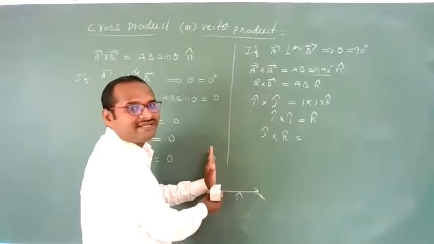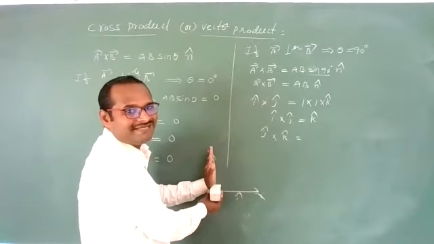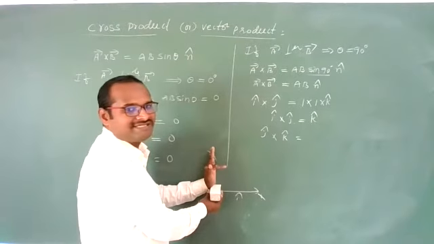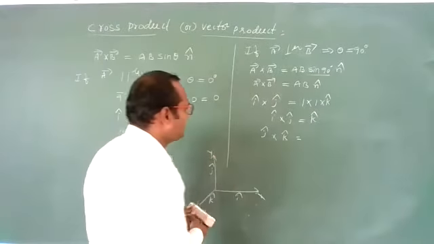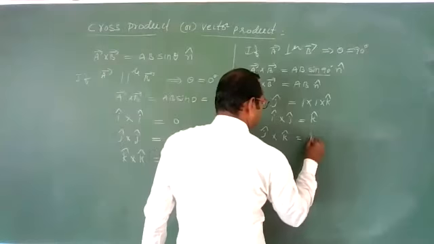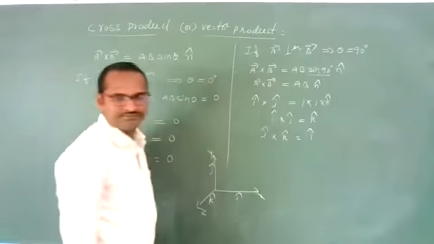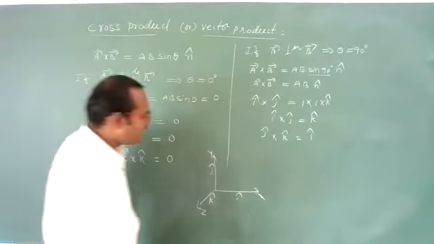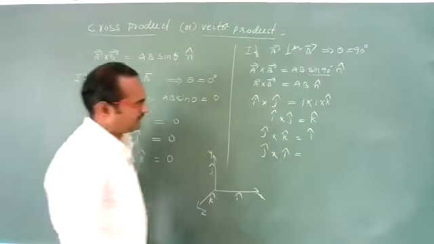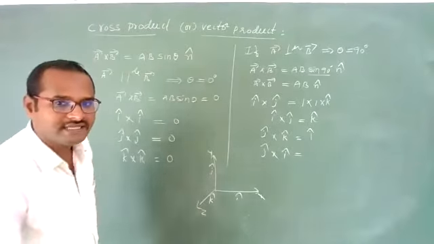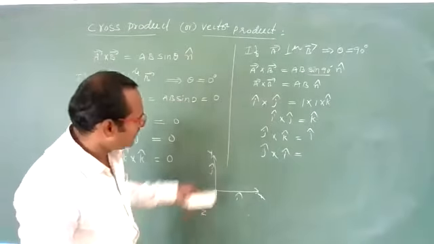You will get a unit vector perpendicular to the yz plane. Perpendicular to the yz plane means this side, along the x-axis, so you will get I cap. If you take k cross I, what will you get?